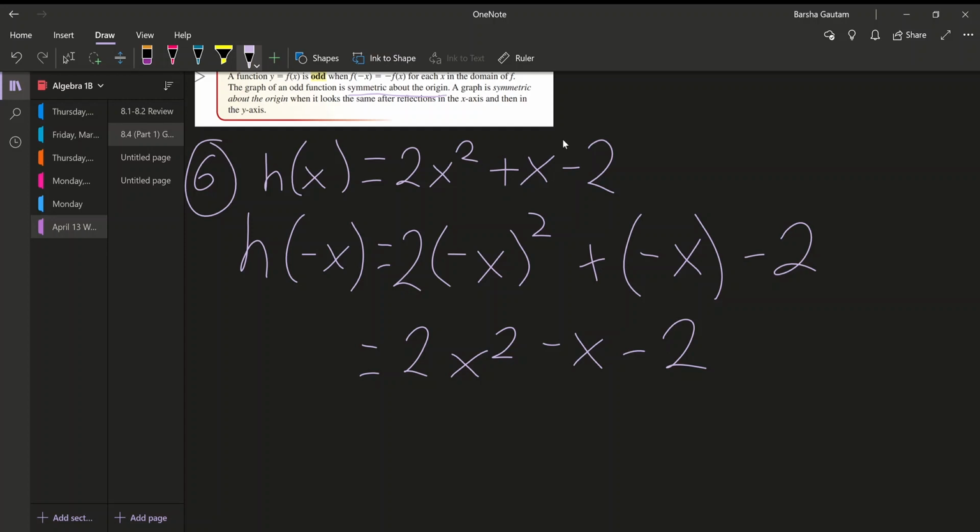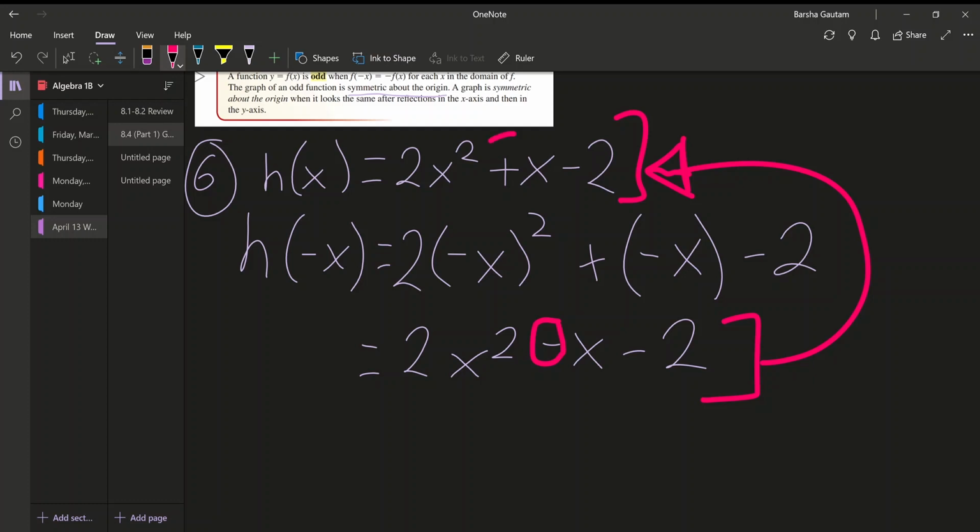At first glance, it looks like it's the same, right? If we compare these two, it looks very similar, right? But notice here that this one is negative and this one's positive.